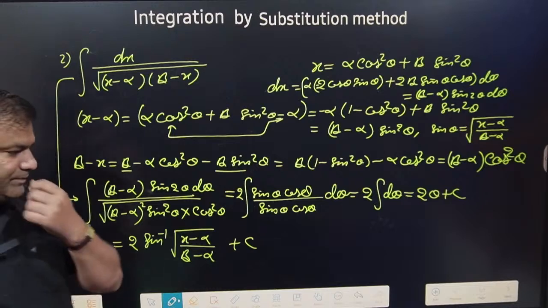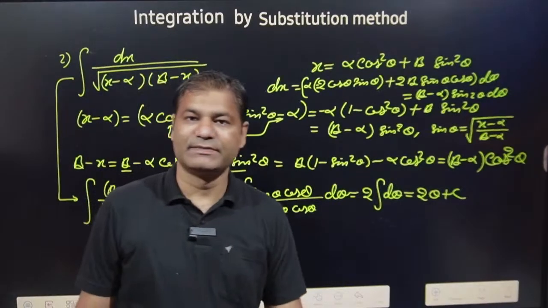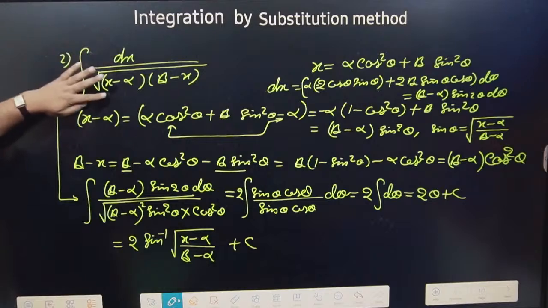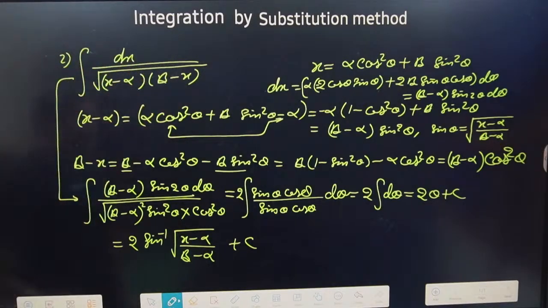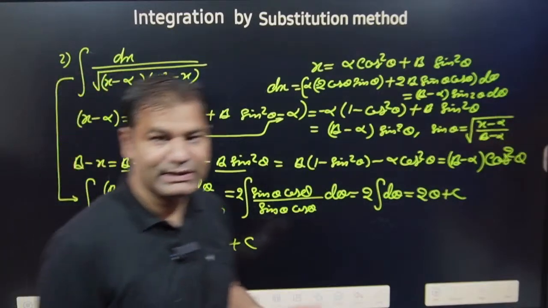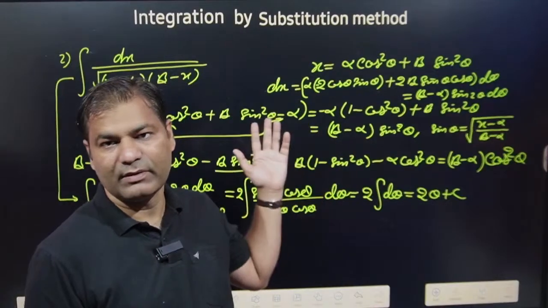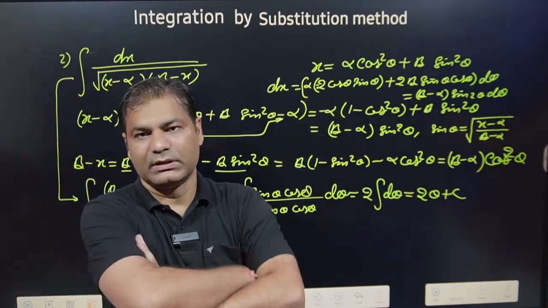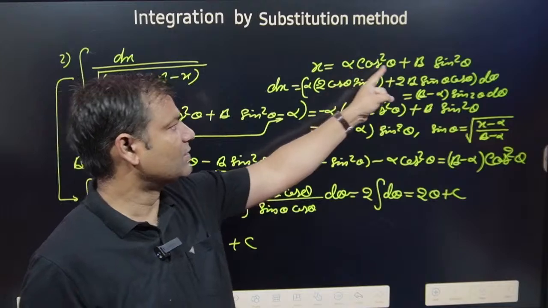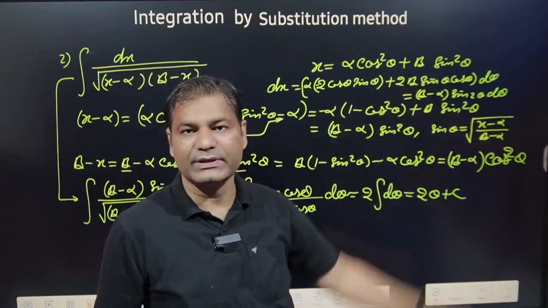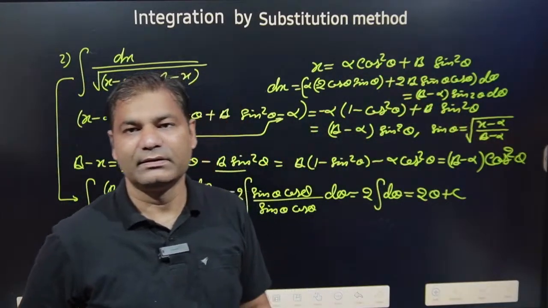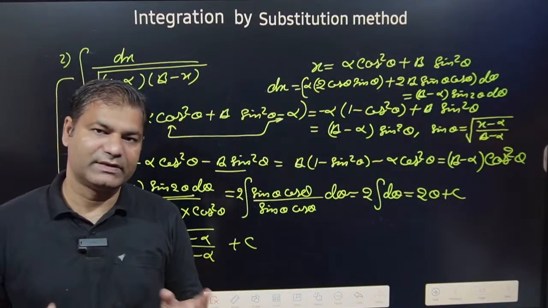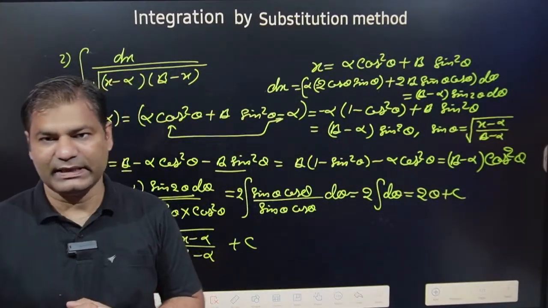Now I will explain again. Very simple. Here dx upon x minus alpha into beta minus x. I have already said, if this type is available, then always consider x equal to alpha cos square theta plus beta sin square theta. After that, the next target is x minus alpha, and after that we focus on beta minus x.